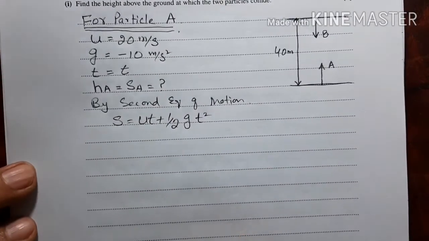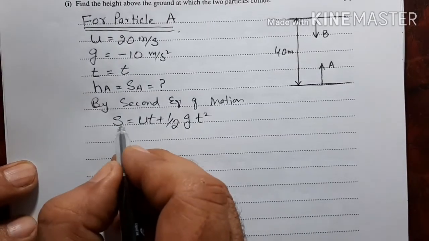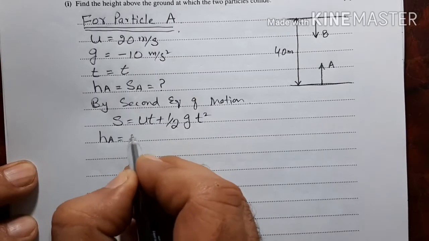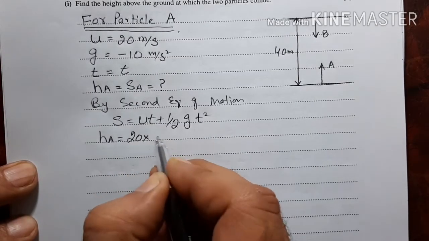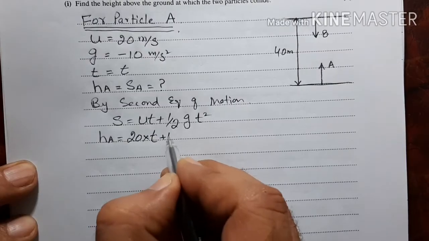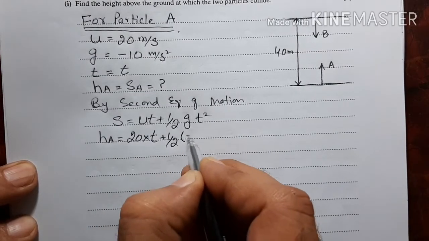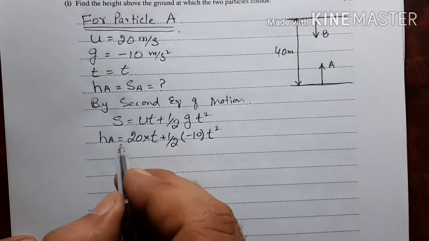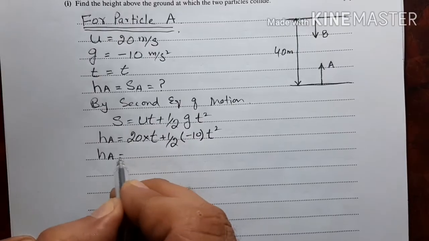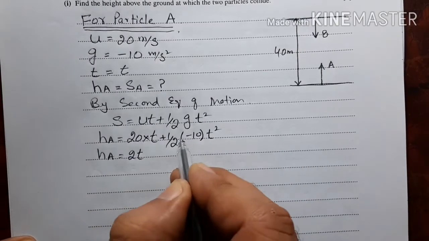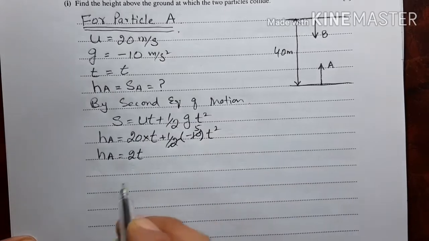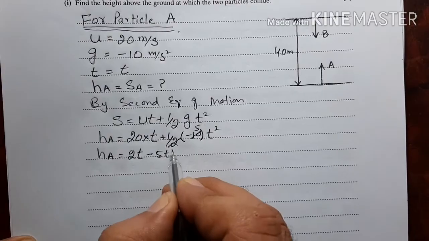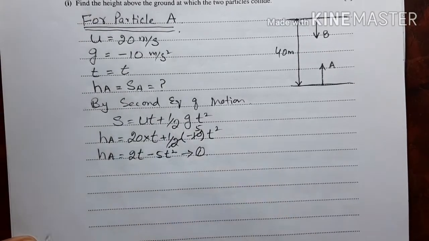So now putting the values, S means height of A, HA, u is 20, t is t, plus 1 by 2, g is minus 10, t square. So HA is equal to 20t, this 2 will cancel with this 10 to give 5, minus 5t square. This is equation number 1.